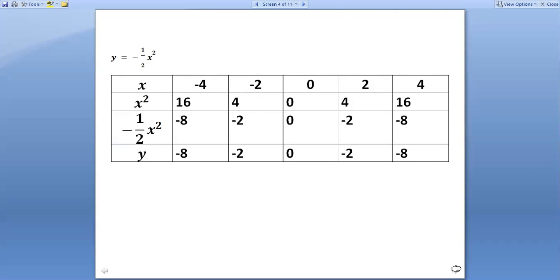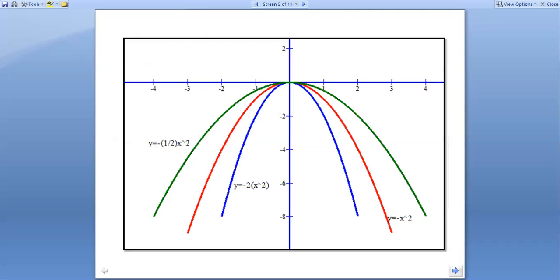Now you can plot these three graphs on the same Cartesian plane so that you will obtain three graphs like this. The blue color graph represents the graph of the function y equals negative 2x squared. The red color one represents the graph of the function y equals negative x squared, and this green color one represents the graph of the function y equals negative half x squared.